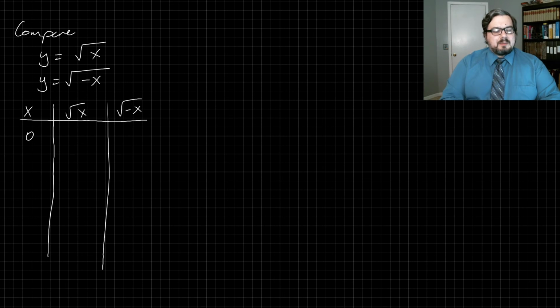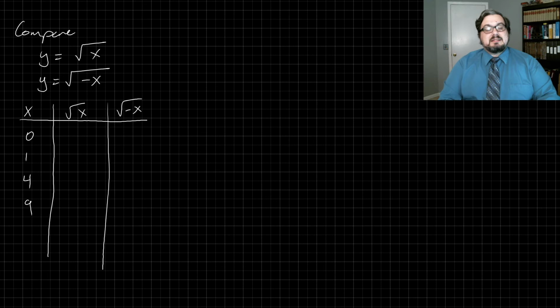Now I'm going to try picking some x values that are easy to take the square root of. So if x is 0, the square root of x is 0. If x is 1, the square root of x is 1. If x is 4, the square root of x is 2. If x is 9, the square root of x is 3.